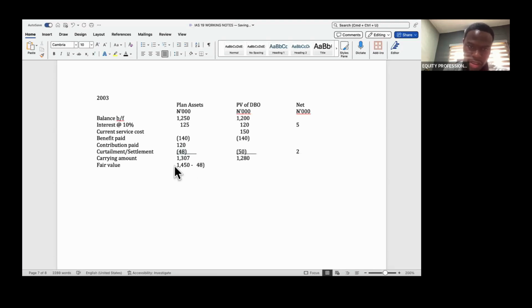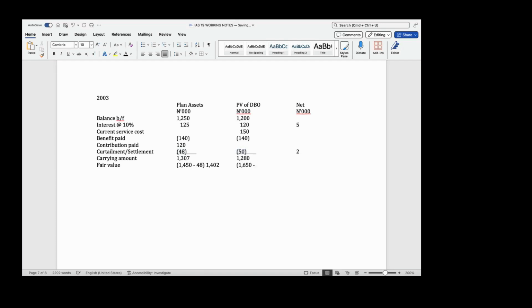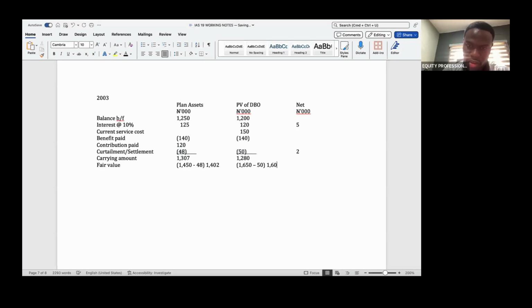That would leave me at 1,402. The same thing for the obligation, this 1,650: we need to remove this 50 from this valuation as well. That leaves me at 1,600.